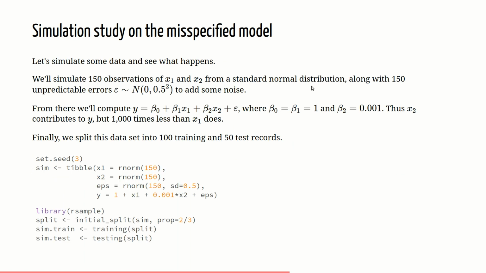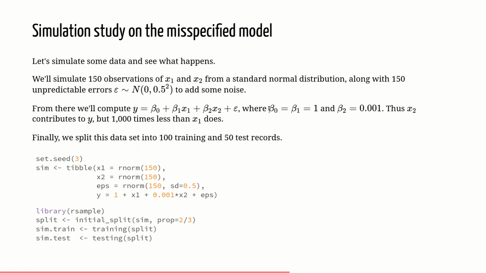So let's have a look at just simulating some data from a known population and then fitting these two models and seeing what happens, right? So we're going to simulate 150 observations of x1, x2, along with some noise, and then we're going to compute what y is. So y is just going to be literally that exact equation. Okay, we're going to know what the coefficients are beforehand.